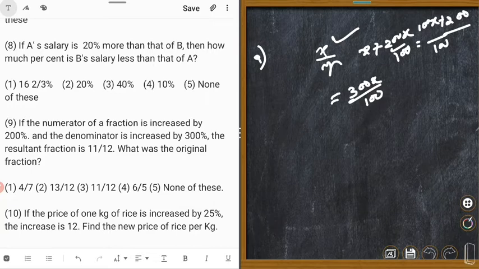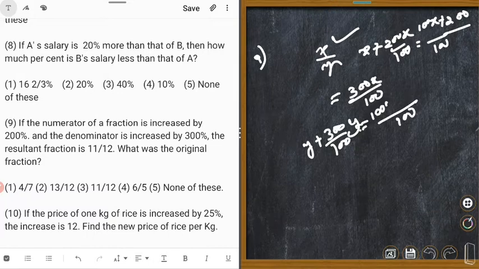Similarly bottom number, how many percent? 300%. y plus 300y upon 100 is equal to y. This is 100y plus 300y is equal to 400y upon 100. Could you understand?